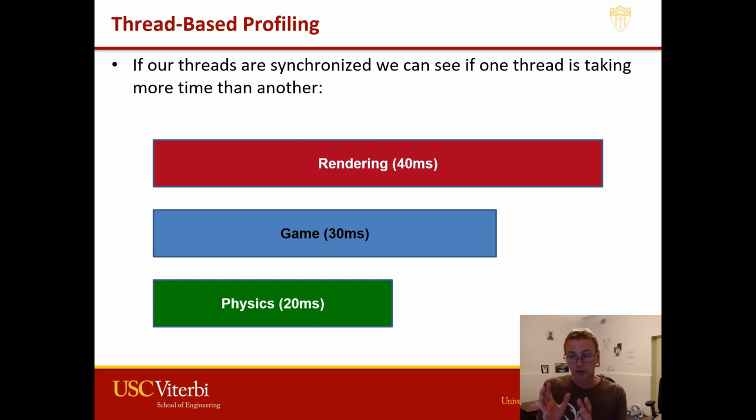So as you can see in this example, I can optimize the physics system until the cows come home. It's not gonna help, because in this case, my bottleneck turns out to be the rendering system. So I gotta optimize that render thread somehow if I want this thing to speed up.